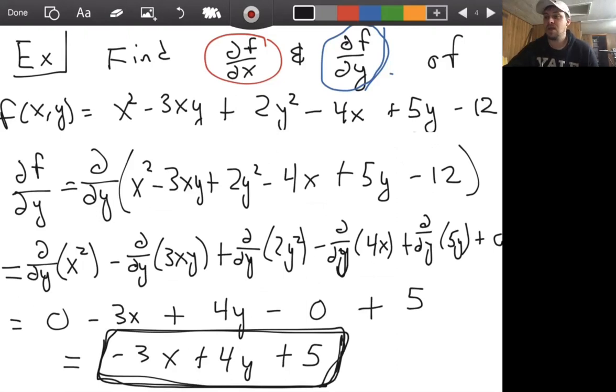And then I think from there, we can start to talk about how to find equations for tangent planes and linear approximations and things like that. So this will do it for this video. In the next one, we will discuss maybe some more difficult examples and higher order partial derivatives.